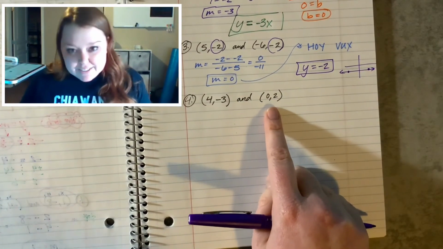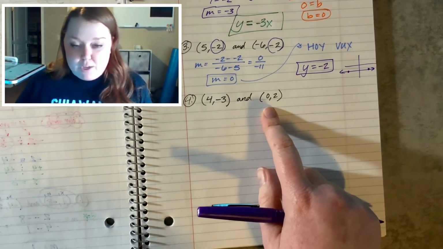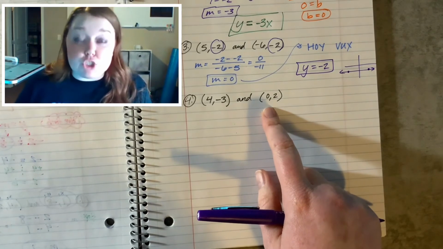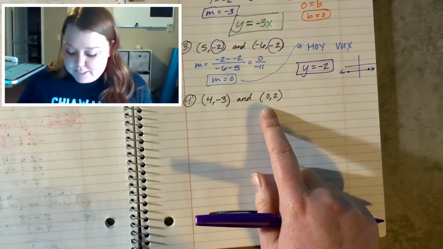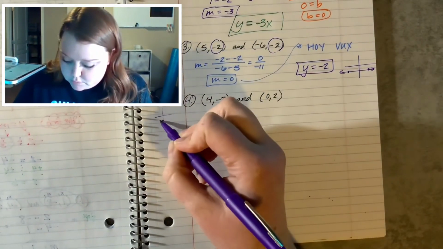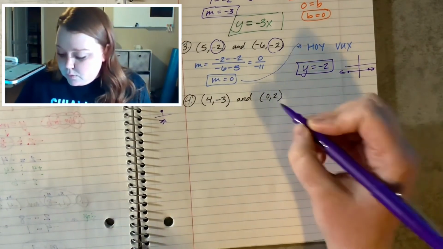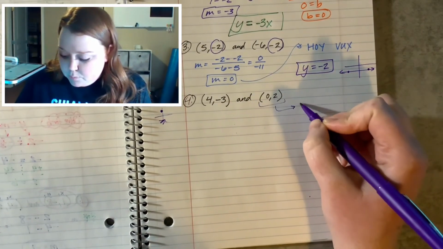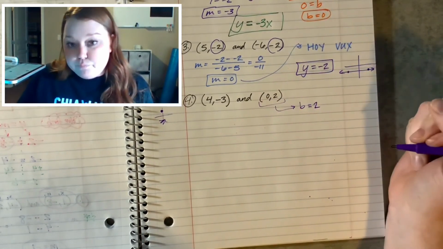Well, is it an x-intercept or a y-intercept? If it's an x-intercept, that doesn't help us. But if it's a y-intercept, then that means that we already know our b value. 0, 2 is right there. That's a y-intercept. So this right here, my friends, that's your b value. What's b equal to? 2.